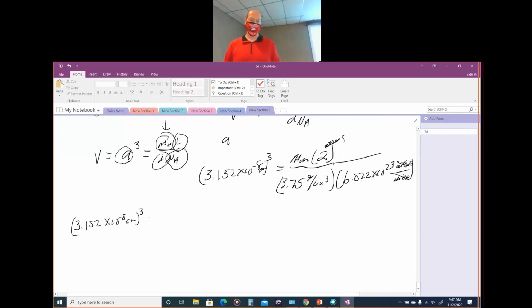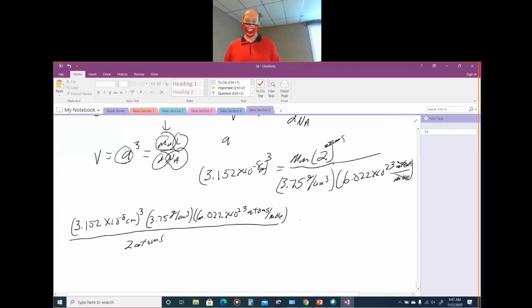Multiply both sides by 3.75 grams per centimeter cubed. Multiply both sides by 6.022 times 10 to the 23rd. Divide both sides by 2. And that is equal to the molar mass.